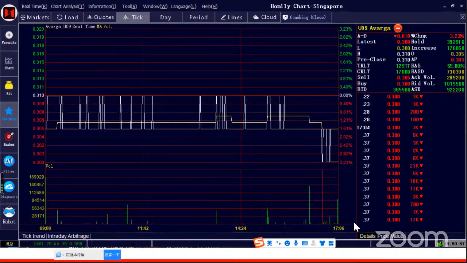So it can be false information. But the time and sales information here is the actual transacted amount and volume. So this is more reliable.